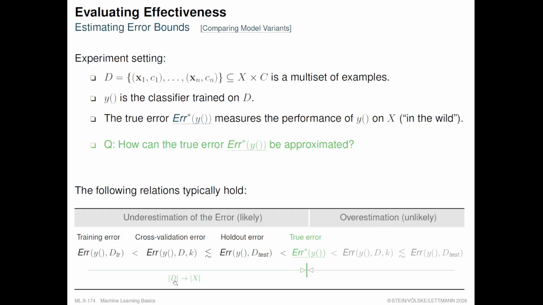And the basic idea is, if you have a dataset selection that's quite small, you're underestimating the error because you think that the problem is easier than it actually is. But if you increase the size of the dataset that you're working on and that you're training your model on, and especially that you're testing your model on, up to considering every feature there is, which might be impossible again, then you will reach the true error.